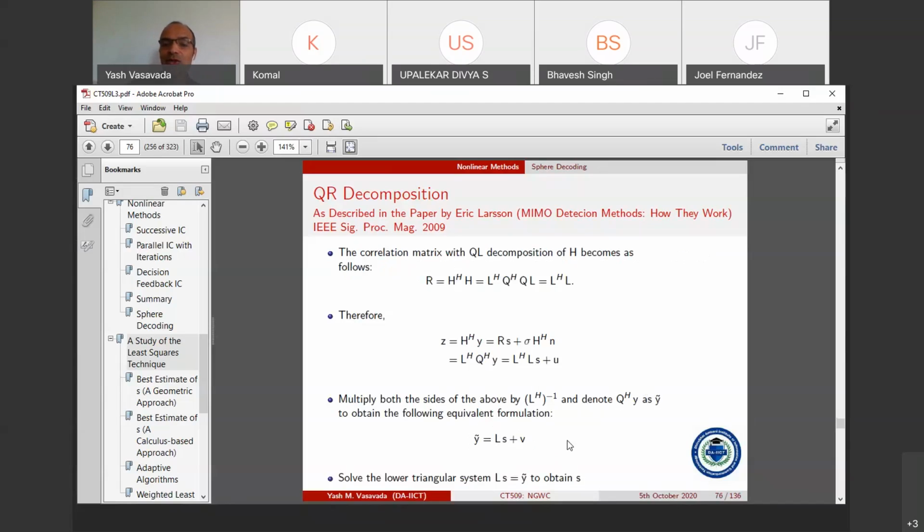But so far we are still talking about the decorrelating detector, and we have only talked about how to efficiently implement the decorrelating detector so that we don't have to do matrix inverse. The sphere decoding now says that I'm going to take this lower triangular formulation of the problem, and I'm going to do distance minimization on that.